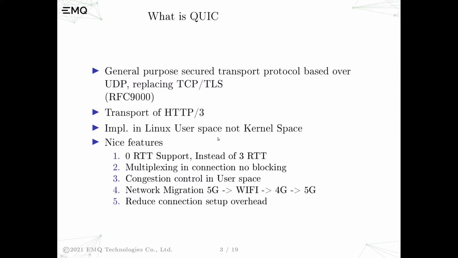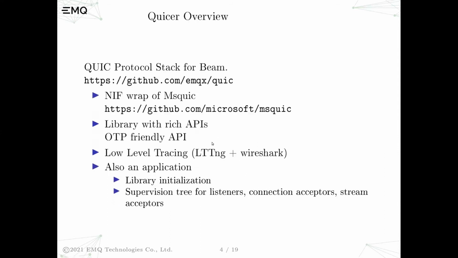The fourth is it supports network migration, so the client can easily swap the network layer, like from 5G to Wi-Fi and 4G to Wi-Fi, such like that. And the biggest feature is that it reduces the connection setup overhead, so it's much cheaper than TCP TLS.